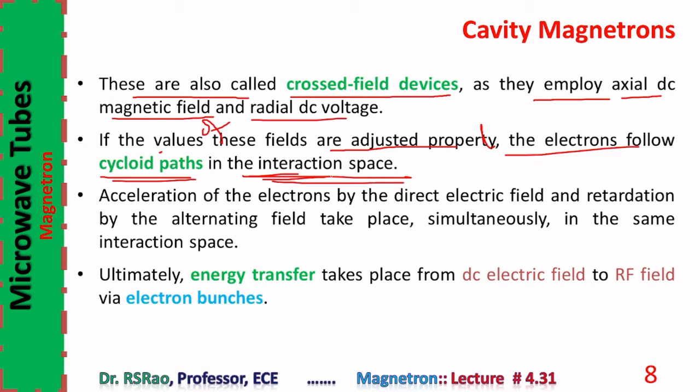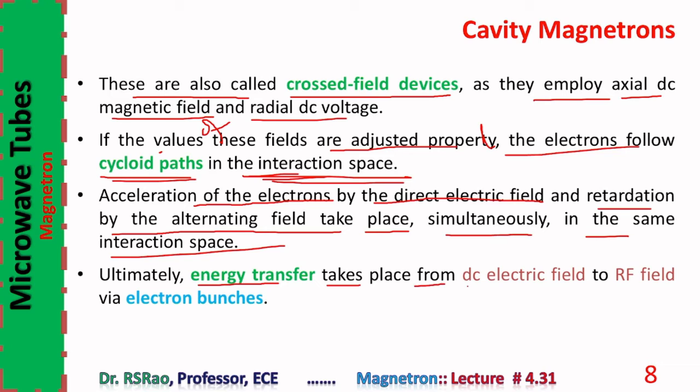The cathode emits electrons into the interaction region, and under the influence of the crossed fields existing there, the particle traces a cycloid path. Acceleration of electrons by the direct electric field and retardation by the alternating field take place simultaneously in the same interaction space. Ultimately, energy transfer takes place from the DC electric field to RF via electron bunches.